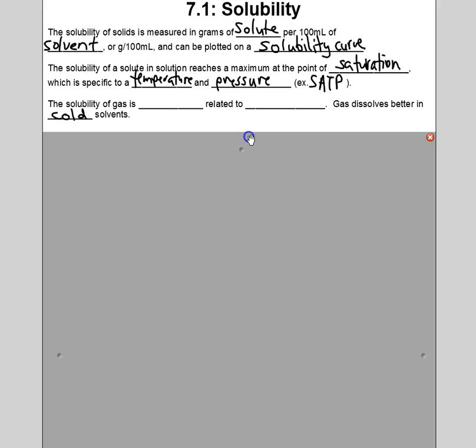So the solubility of gas is inversely related to temperature. That's why fish do well in cold water. If you have a goldfish at home, you shouldn't have a heater because they actually need colder water because there's more dissolved oxygen.